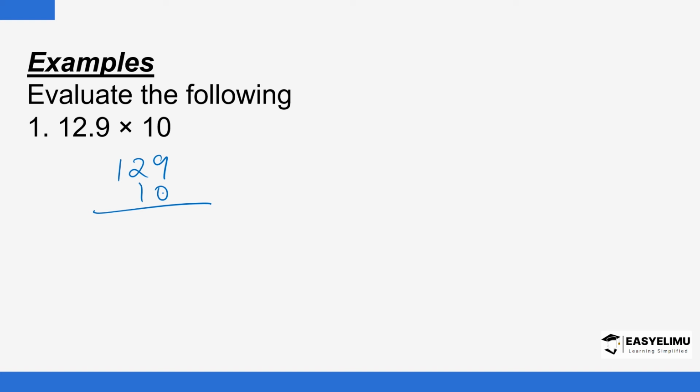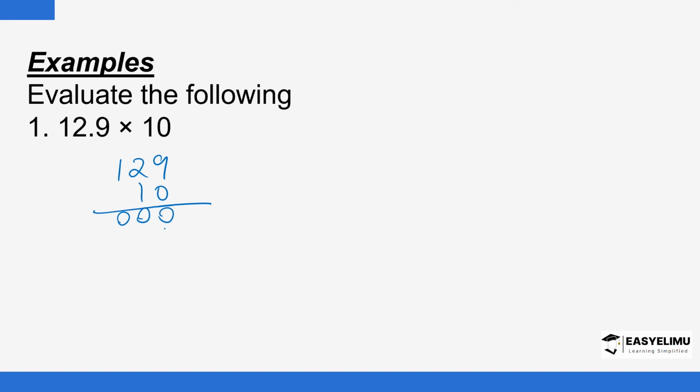You will multiply by 0 first. Remember, each digit down here must be multiplied by all the digits up there. So 0 by 9 is 0, 0 by 2 is 0, and 0 by 1 is 0. Now the total value of this one is 10, so multiplication by 10 is that you just multiply by 1 and then you add 0 at the end.